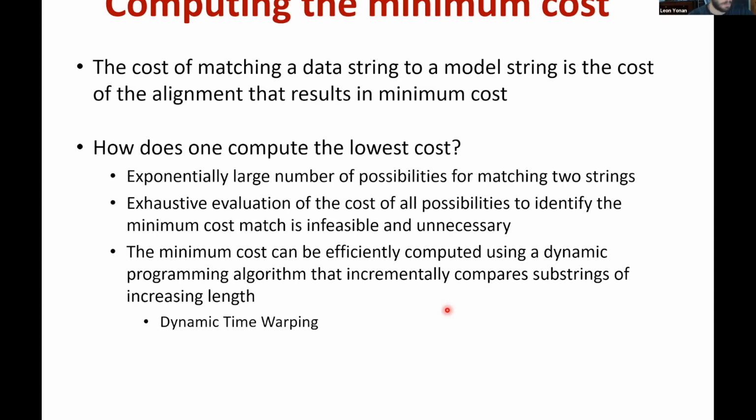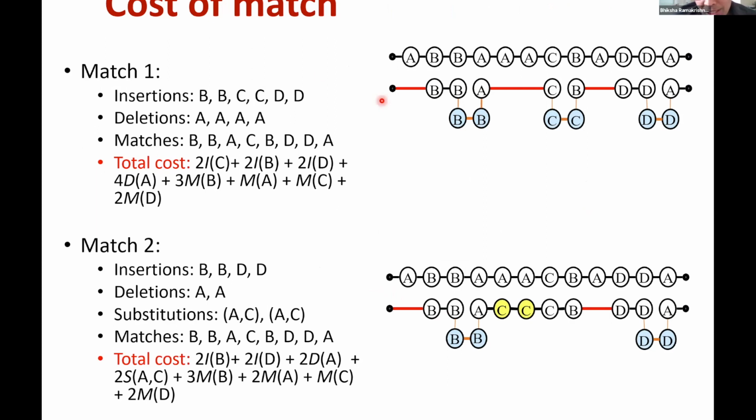Could be n squared. Actually, it's going to be exponential, because remember, I could do all kinds of bizarre things. I could stretch this thing straight past, make everything hang, and get a completely wrong, completely bizarre alignment, and I could do it in any number of ways. I could make things hang further and further down.